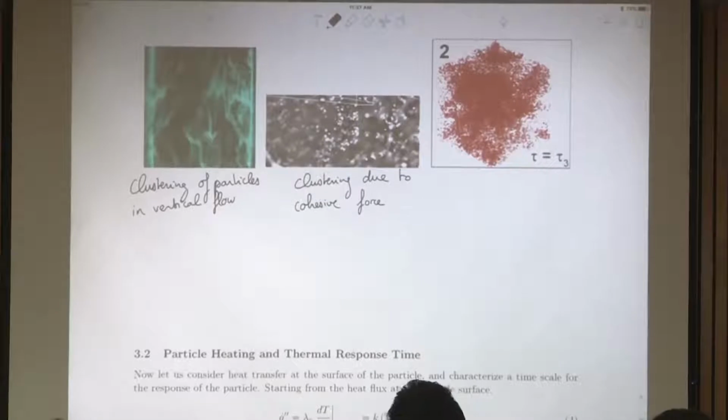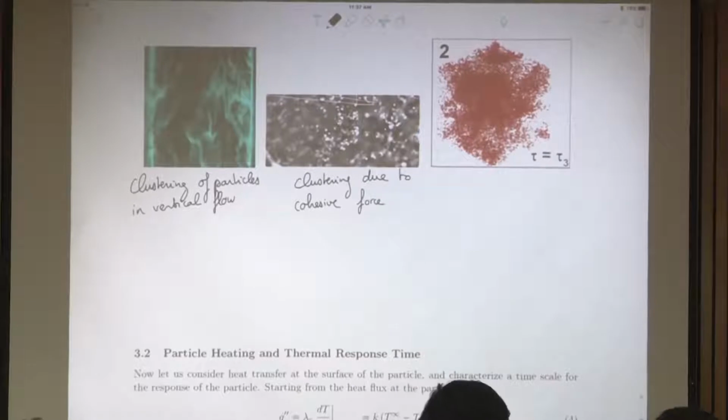And even without that, if I have no flow whatsoever, if I just distribute particles, give them a random velocity initially, and allow them to collide in a way that's non-elastic, you can show that this simple problem, just a bunch of particles randomly moving around, colliding with one another, but every time they collide, they dissipate some energy, will lead to non-uniformity and clustering.